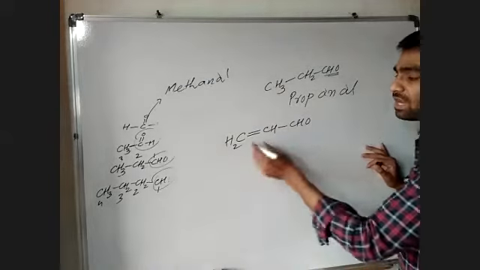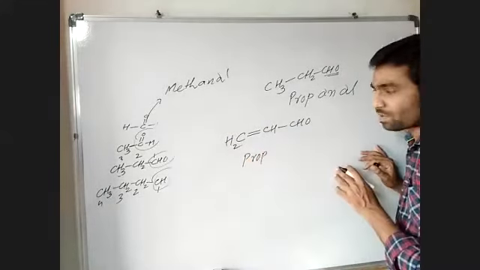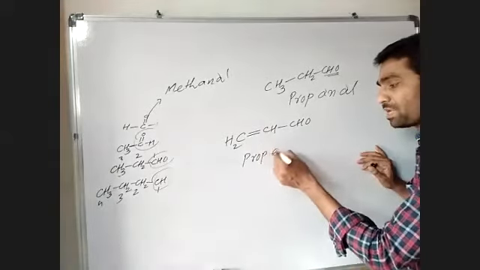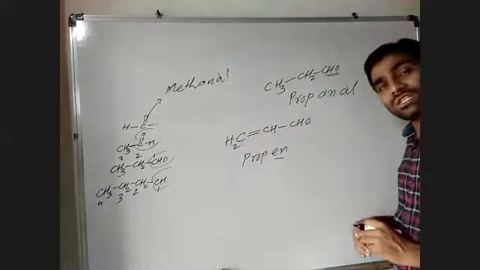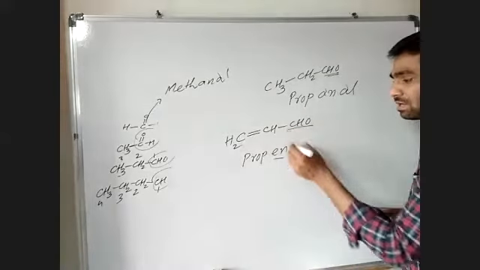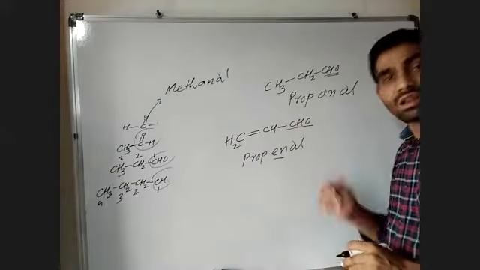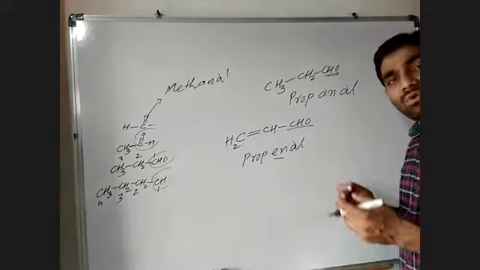How many carbons? 3 carbons, so prop. And I cannot add ane because there is a double bond, so I have to write propene. E, because there is a double bond. And I have to add al. Propenal. Right. So like this, we can have a variety of examples.